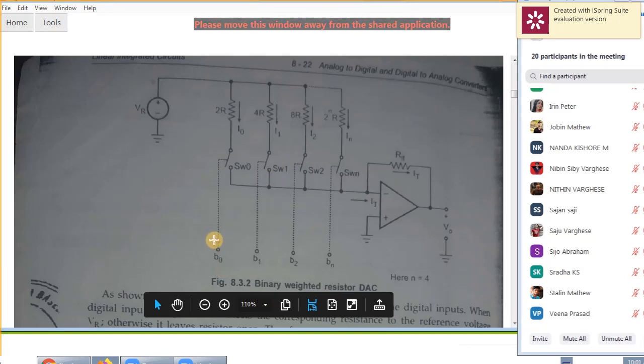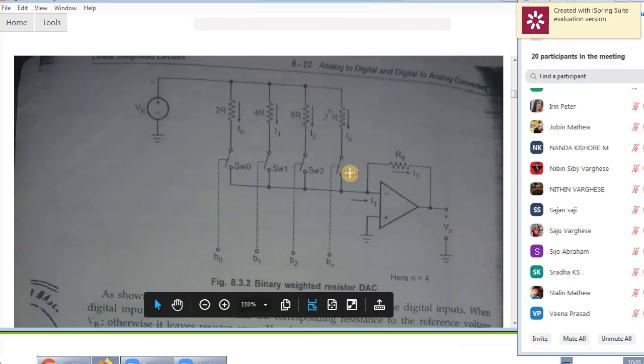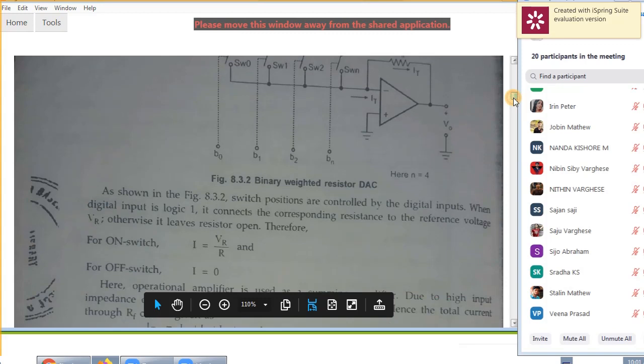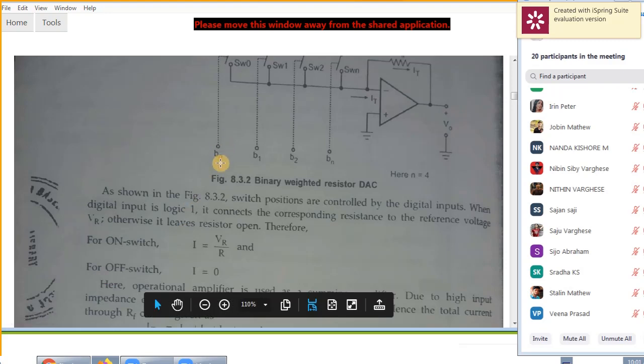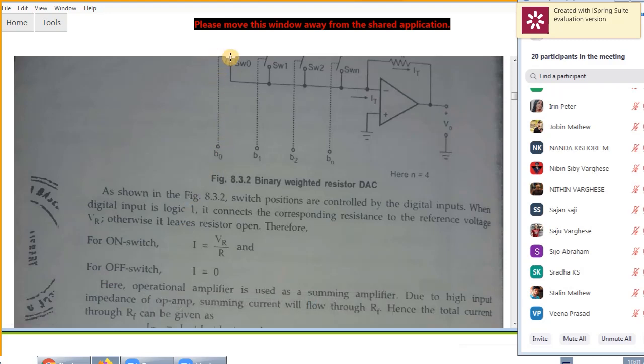Now the binary value B0 is connected to a switch. We will give either 1 or 0. Suppose the binary value is 1, what will happen?